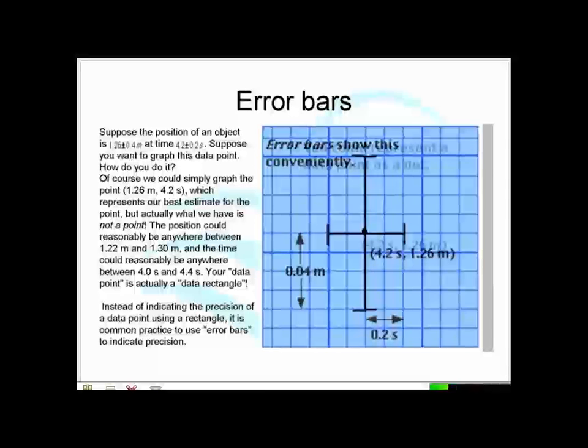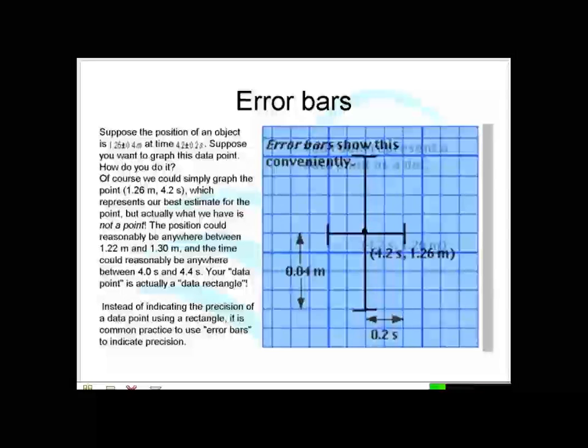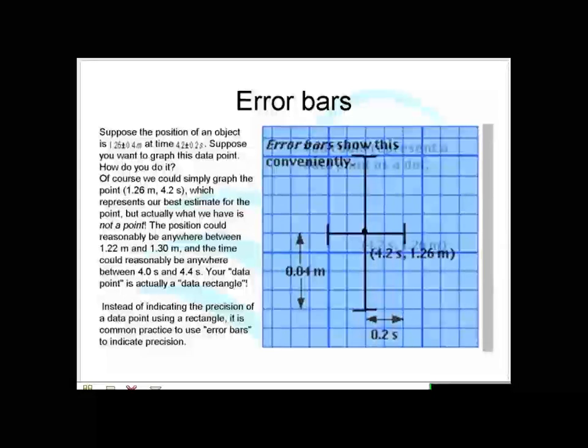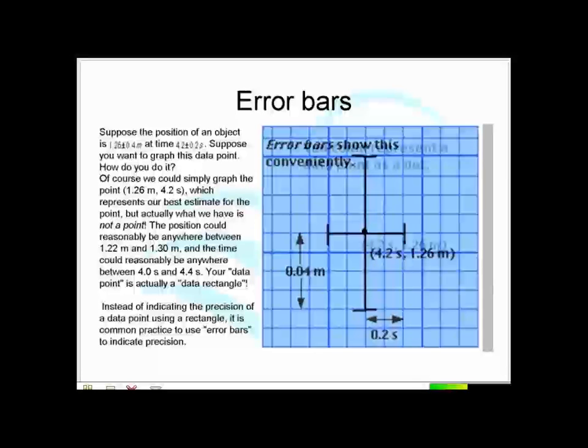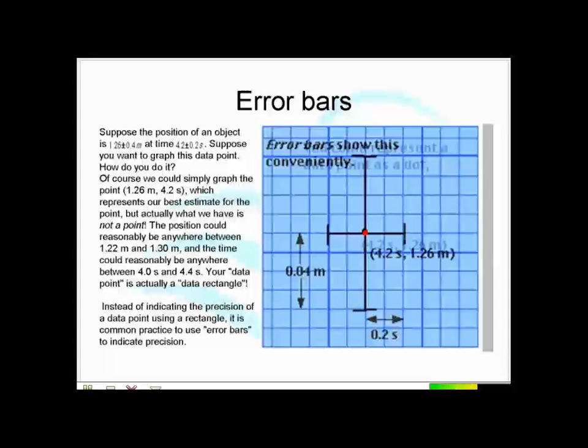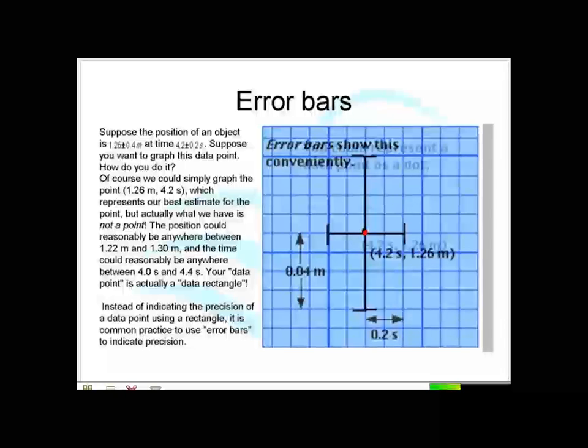So to show errors, what we do is we plot the point that we found. And then we say, okay, this is the point that we found. In this case, it's 4.2 seconds. At 4.2 seconds, we made it 1.26 meters. But we have this plus or minus value.